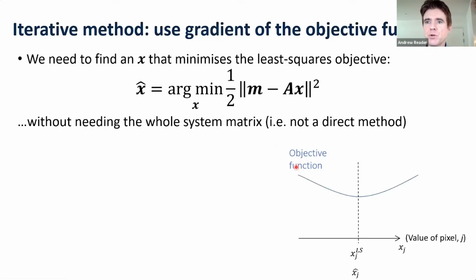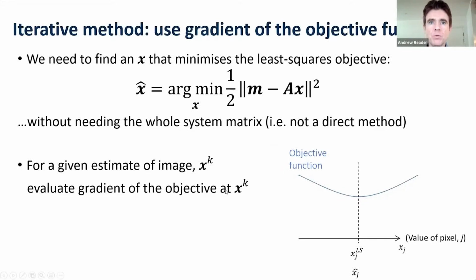So this is the least squares objective function I'm showing in blue here. And we're going to make the following observation. If we had some guess, which I'm going to call X superscript K, to denote some guess of the reconstructed image, it could be zero valued if we're doing the least squares algorithm, or uniform valued. Let me just be clear about this objective function. What I'm showing on this x-axis is the value of just one pixel in the reconstructed image.